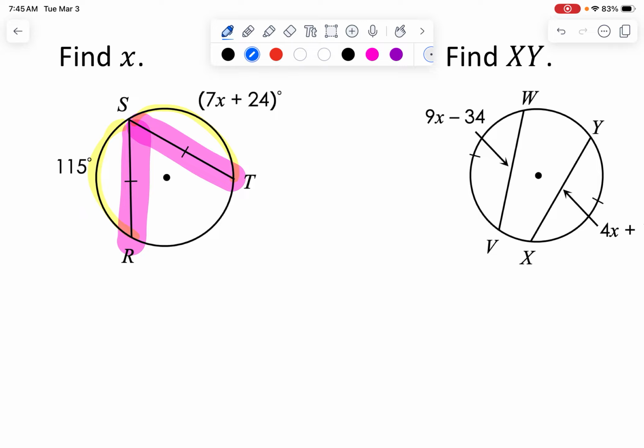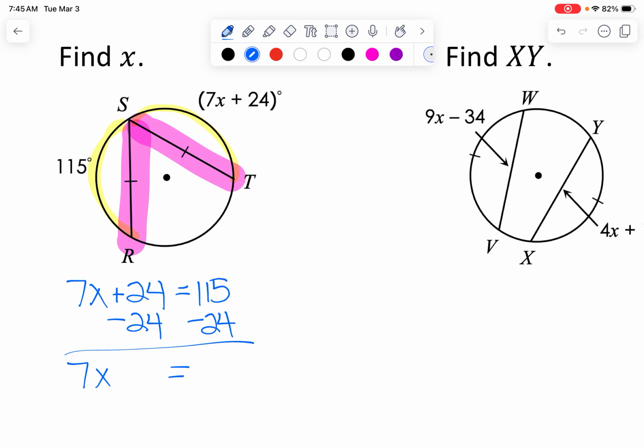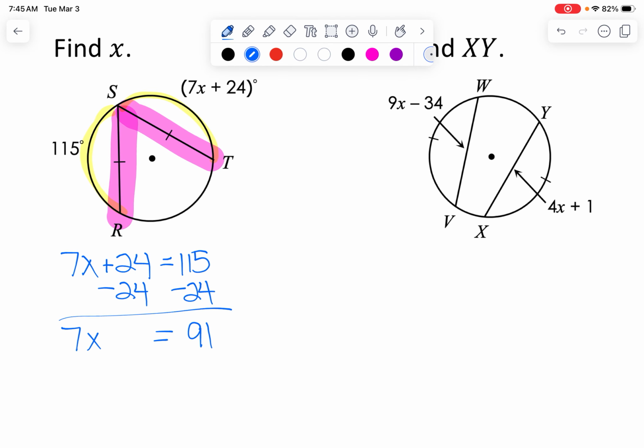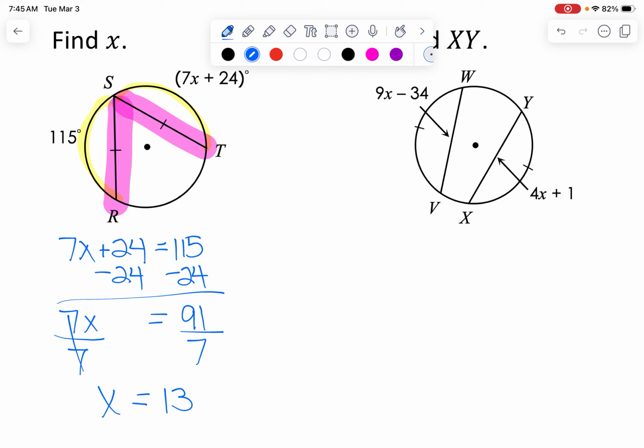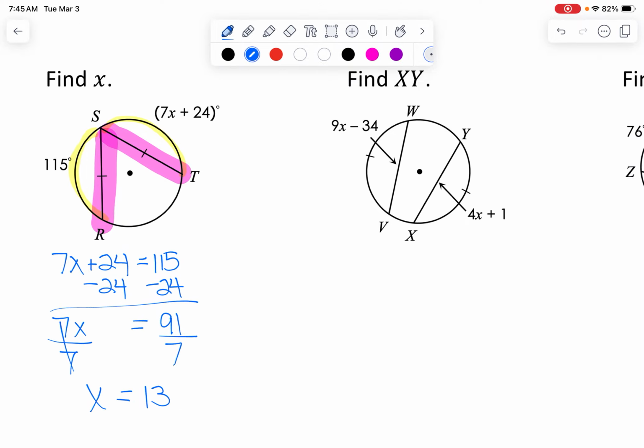So we can say 7x plus 24 equals 115. Okay, subtract 24. We just solve this for x. We get 7x equals 91. Divide by 7. So x equals 13. Okay. So just using that property to help us.